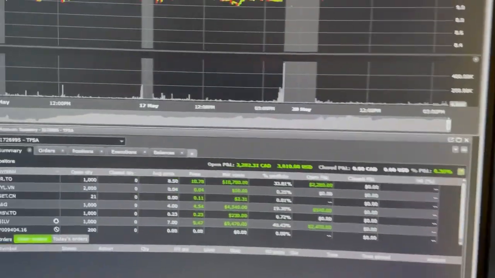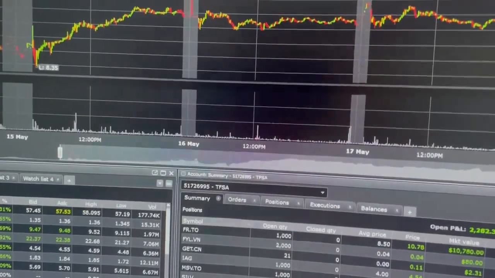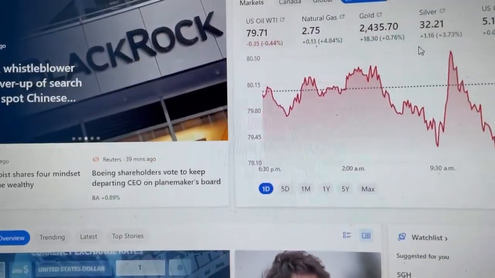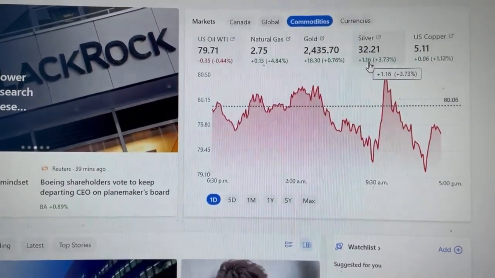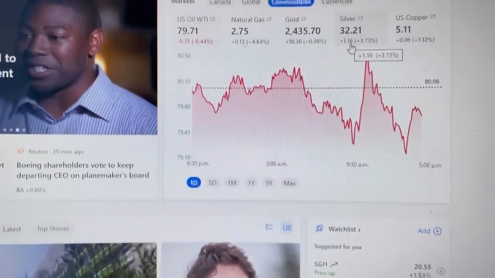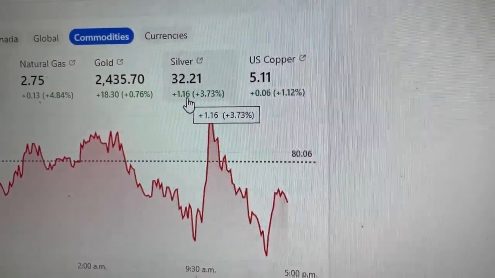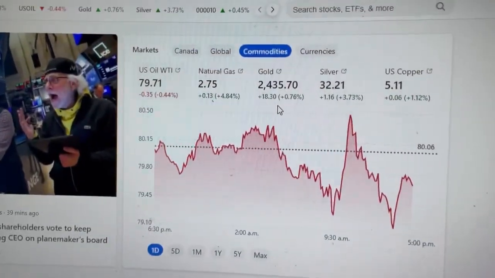But that is huge, for silver to jump up more than $1 in one day. That is big. That's 3.73%. That's $1.16 right there. You can see that, $1.16. Gold is up $18.30.